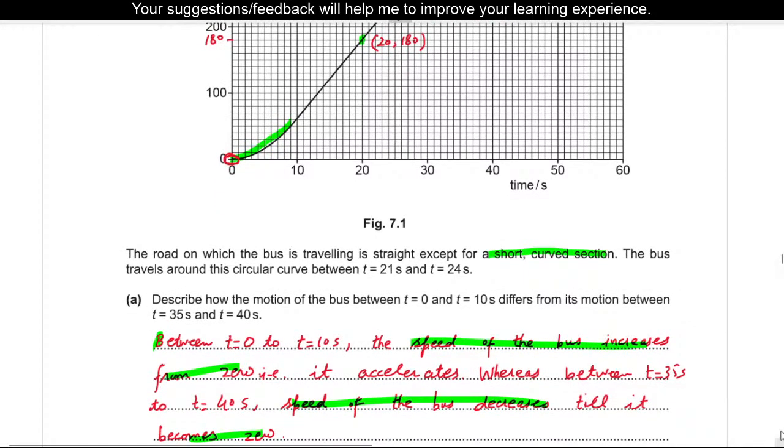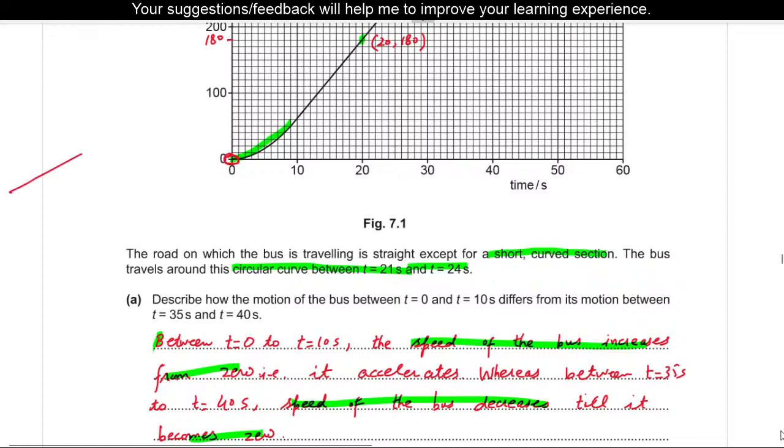Now let's see here. Circular curve between time 21 seconds and time 24 seconds. Now when the circular curve comes, let me draw it.